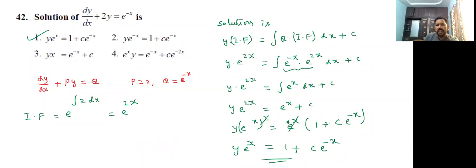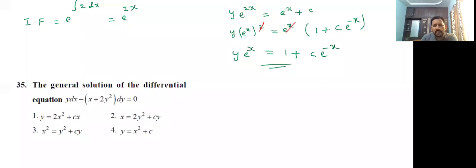Okay, students, I think all of you understood now. Students, see question number 35. How to do this? First, y dx is equal to, so the left hand side term is sent to the right hand side: x plus 2y square into dy.